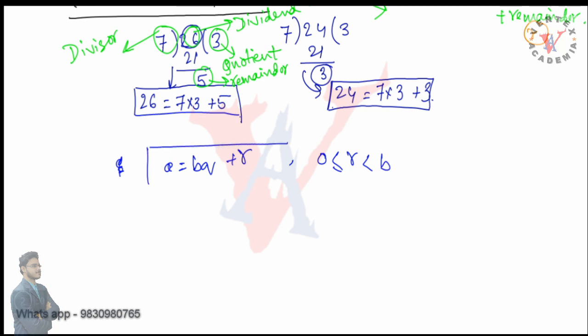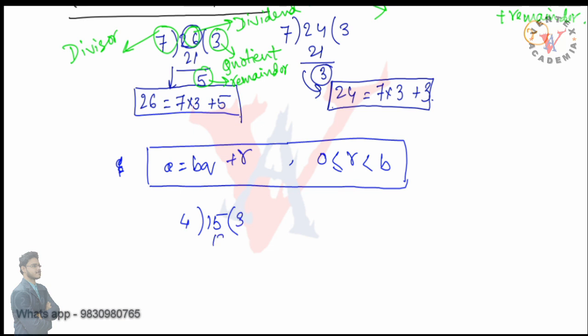Now we have to understand about r. What is meant by r being between 0 and b? Let us suppose we have a number, say 15. Now if we divide 15 by 4, then 4 3s are 12 and the remainder is 3. So the remainder is always less than the divisor. Here the remainder is 3 and the divisor is 4.